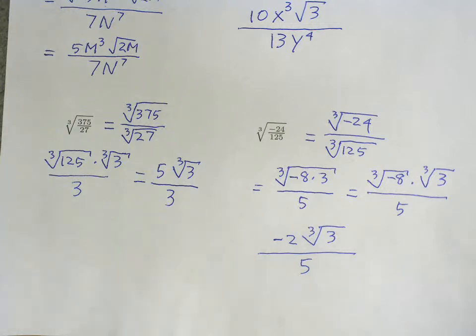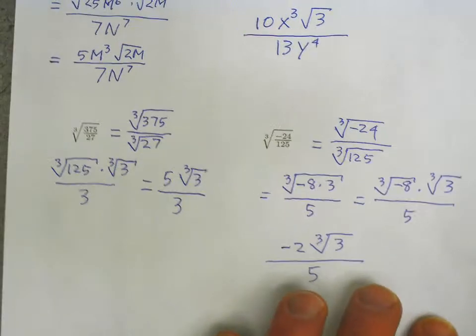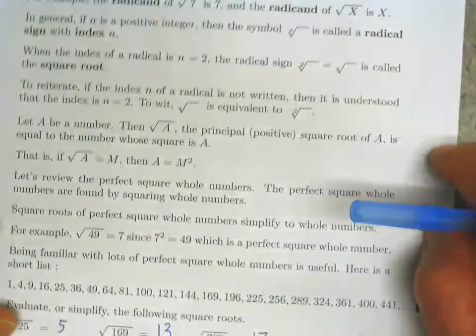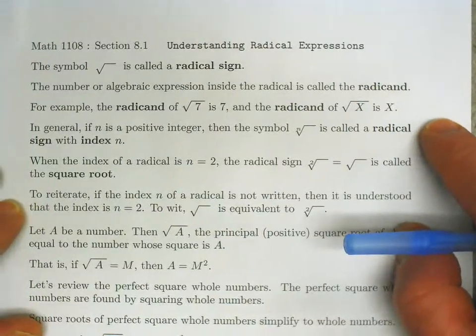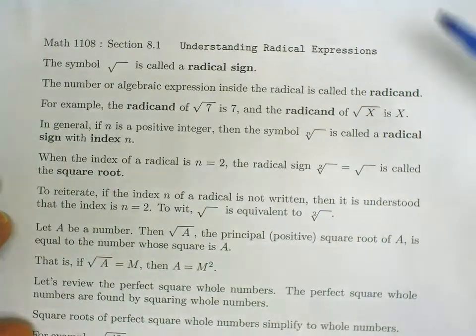Okay, we have a few minutes left, so I will go ahead and review section 8.1. We already covered that before, but it's been a couple of weeks maybe since you've seen that. Okay, so this is section 8.1.